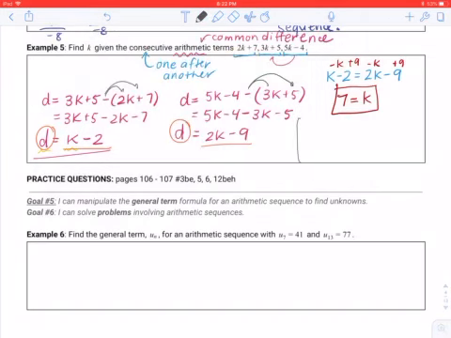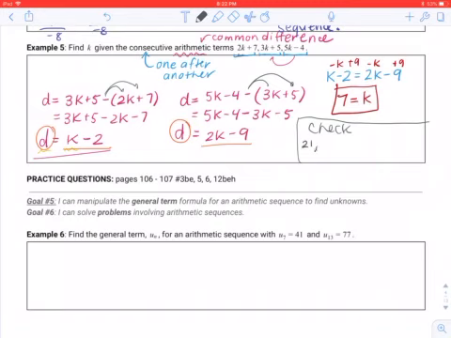With these questions that are a little bit more complicated, it's always best to check your work. So if k equals 7, my first term here, 2k plus 7, would be 2 times 7 plus 7. So 2 times 7 is 14, plus another 7 is going to give you 21.